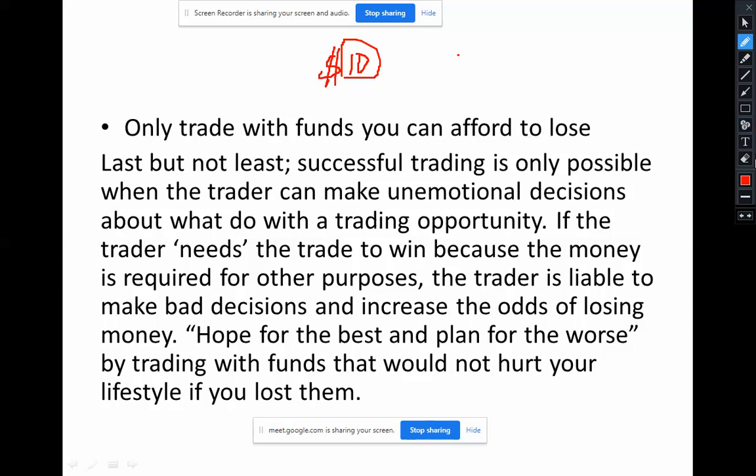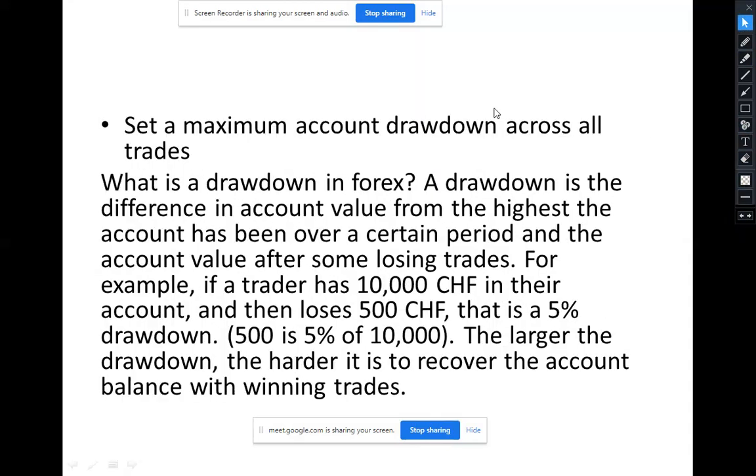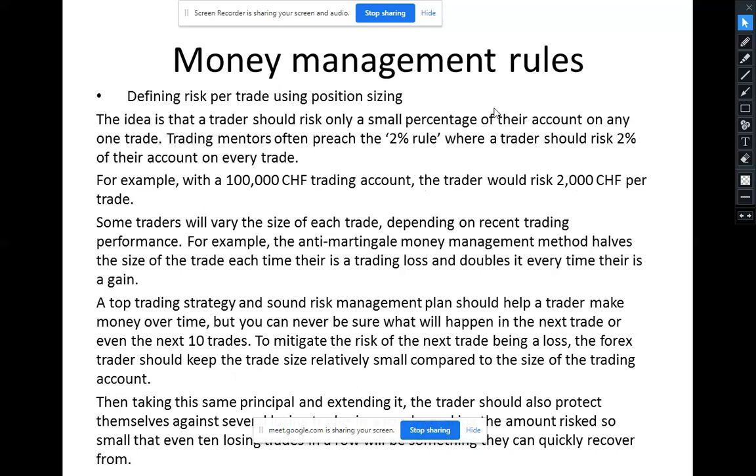So these are how you can manage your money in trading. First, define the risk per trade. Define how much money or how many percent you want to risk in this trade.